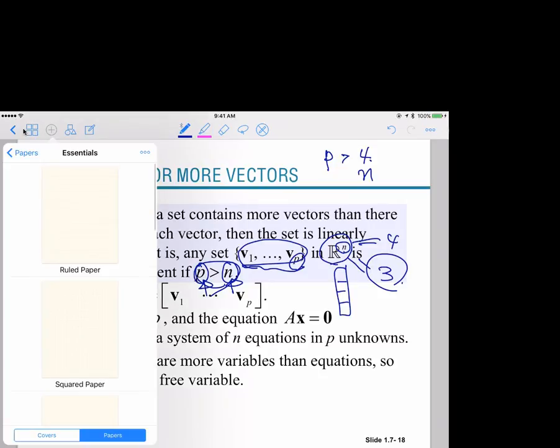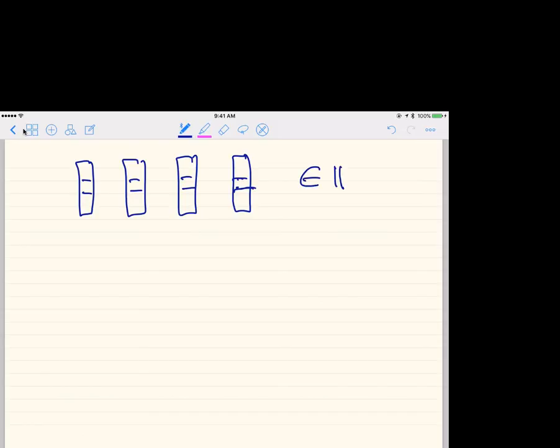This theorem can also be understood in terms of free variables, pivots, reduced echelon form and so on. In three-dimensional space, let's consider the same case with 4 vectors. To find whether they are linearly dependent or independent, we construct the homogeneous vector equation, set it to 0, and see if we can find some non-zero solution.